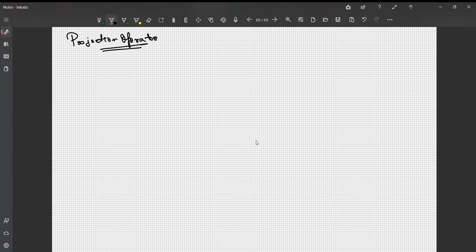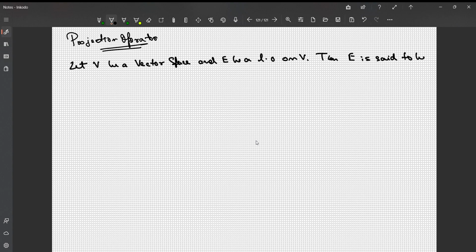We take a vector space V. Let V be a vector space and E be a linear operator on V. Then E is said to be a projection of V if E squared equals E. Okay.